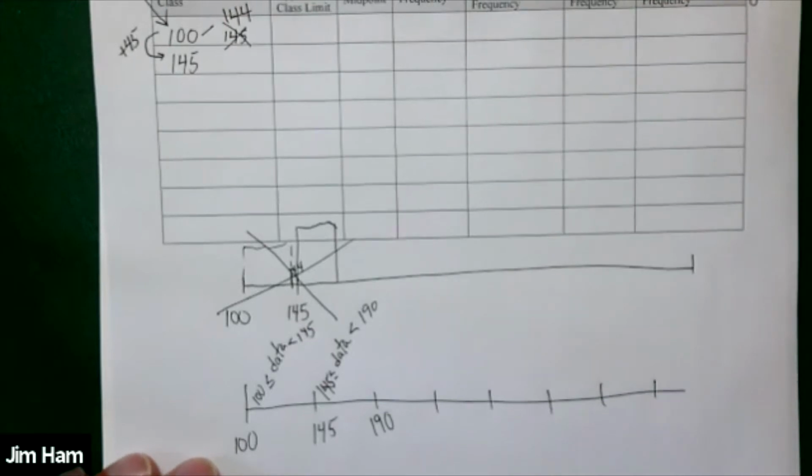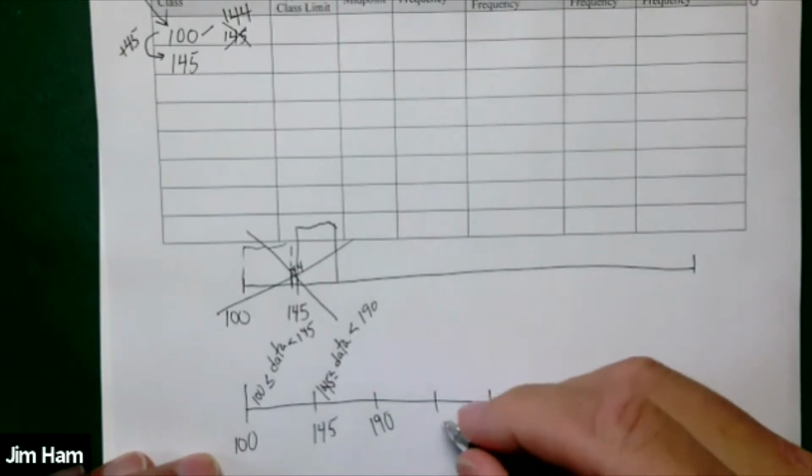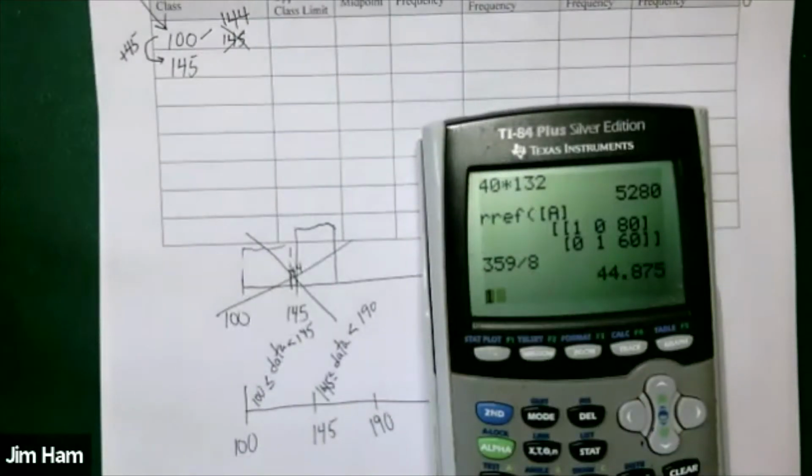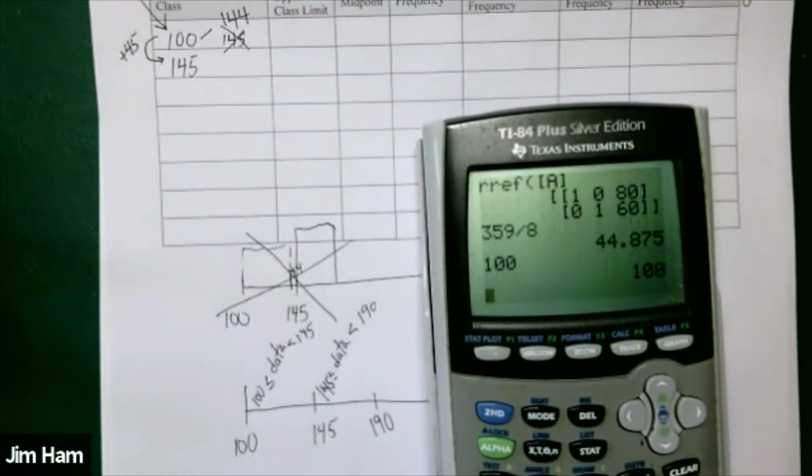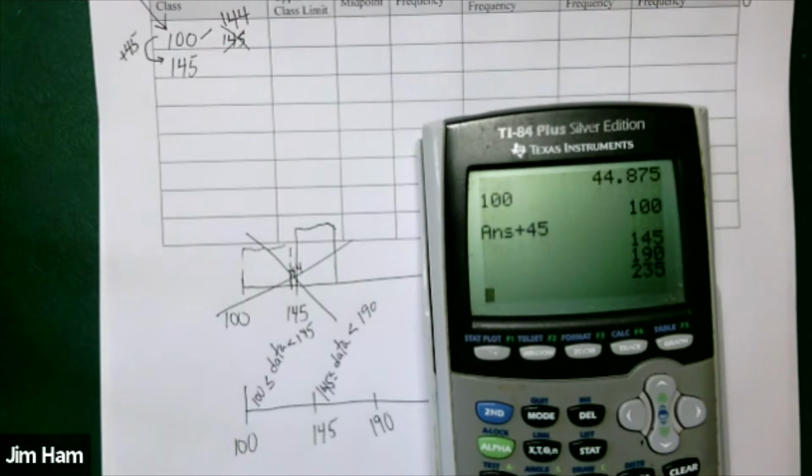All right, so I'm just going to go ahead and add the 45. If you want to do this quickly on your calculator, you can type in 100 and hit enter, and then say plus 45, and then just hit enter over and over again, and it repeats that last calculation. You can get all of those numbers fairly quickly just by hitting enter over and over.